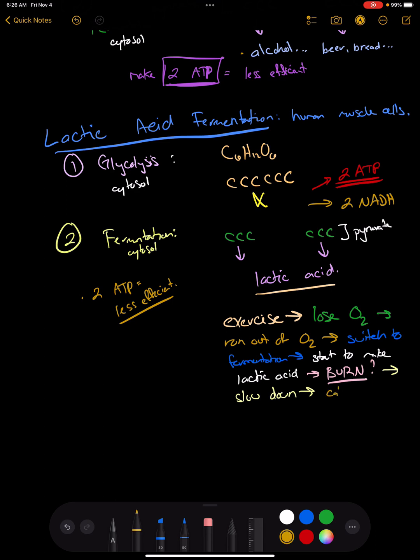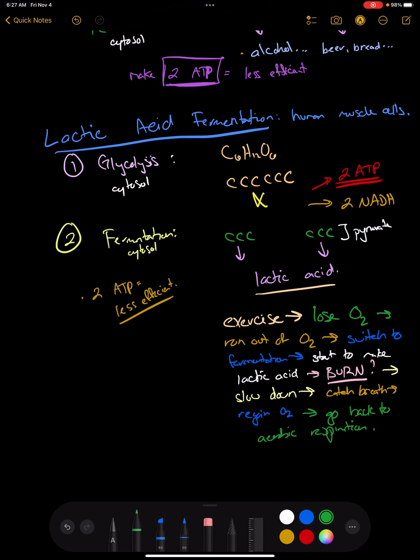You get to catch your breath. And then when you catch your breath, that means you get to regain the oxygen. And when you guys regain your oxygen, then you get to go back to aerobic respiration. And that's when the burning stops, right?